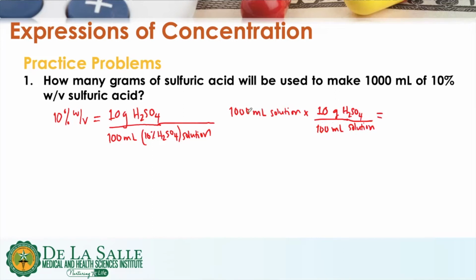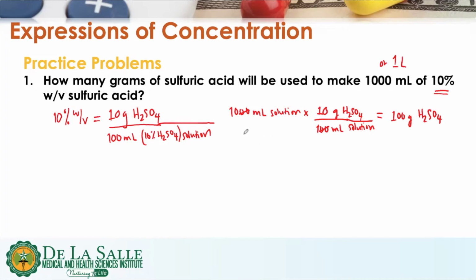So 1,000 times 10 divided by 100 will be equal to, we cancel these, 100 grams of sulfuric acid will be required to prepare 1,000 milliliters or 1 liter of 10% weight in volume sulfuric acid.